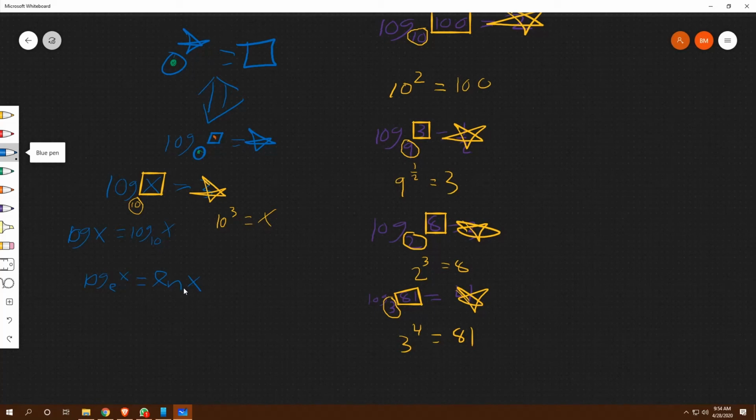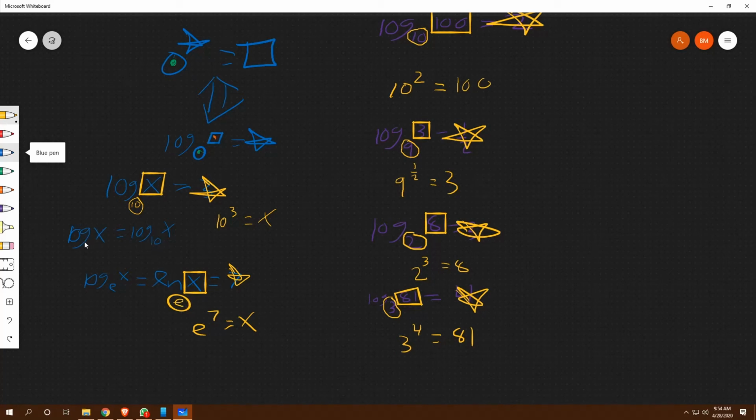If I ever had this problem, I'll say this is equal to 7. I know that 7 is my star, x is my square. Well, my base, because it's a natural log, has to be e. So it's e to the 7 equals x. If it's ln, we know the base is automatically e.